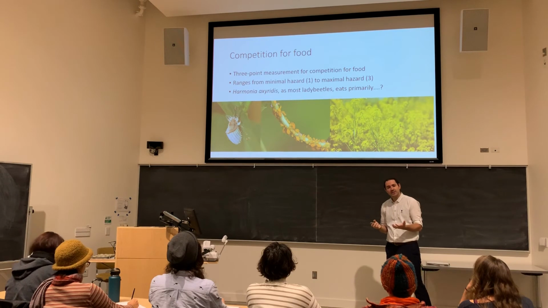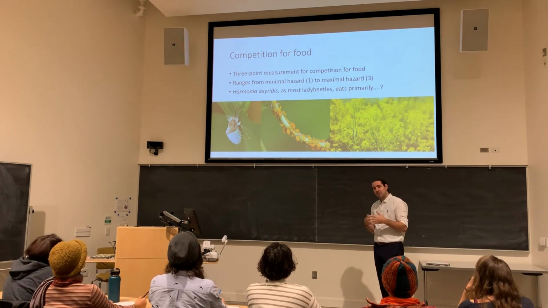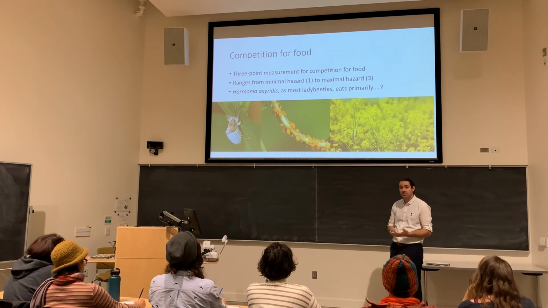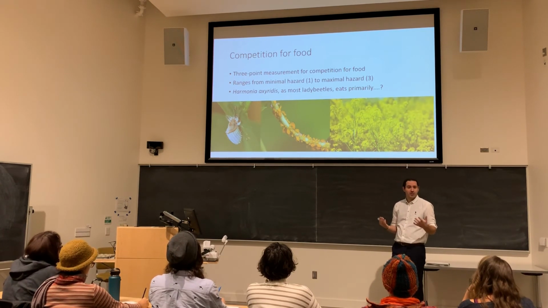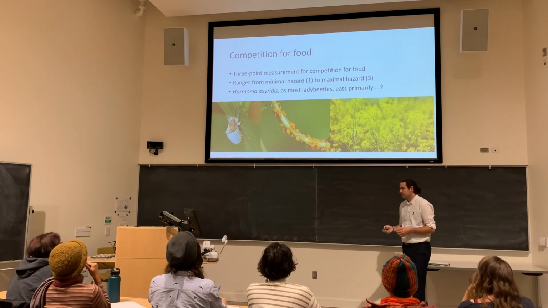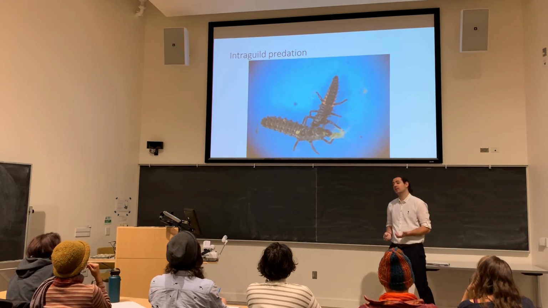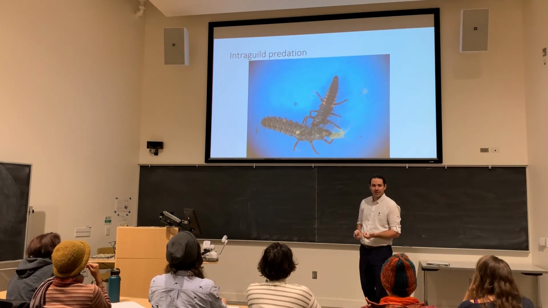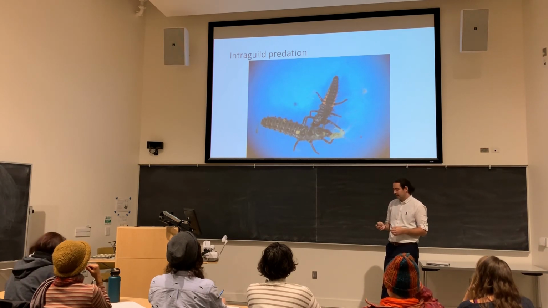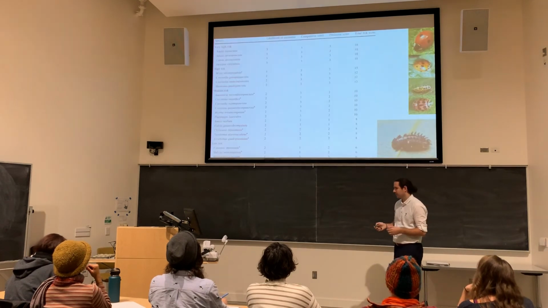If the ladybeetle species are sharing the same food resources, that means they're likely to encounter each other in the field. And then, if they do, who's going to win the battle? So one-to-one larval predation, to see if they do encounter each other, who's going to win.